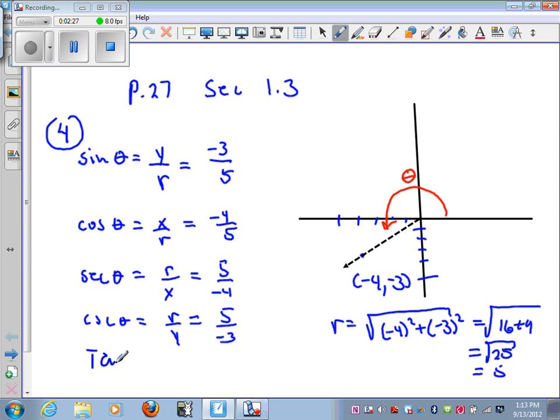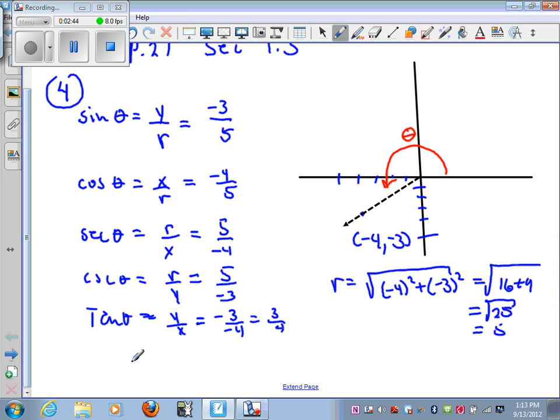Tangent is y over x, and that's -3 over -4, and that's going to be positive 3 over 4. And then cotangent is x over y, and that's -4 over -3, and that's going to be 4/3.